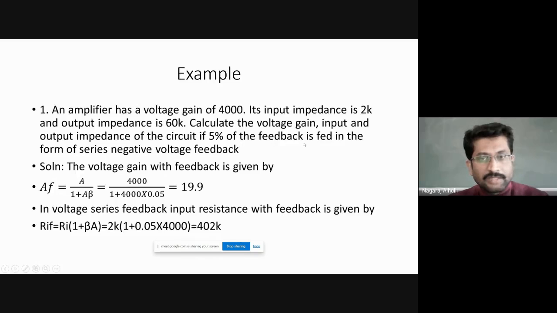Next, they have asked the input impedance with feedback, that is RIF. For the voltage series feedback amplifier, the input impedance with feedback is given by Ri into 1 plus A beta. Ri is the input impedance without feedback, 2k. Substitute: 2k into 1 plus 0.05 into A, where A is the gain without feedback, 4000. Find out how much you are getting here. 2k into 1 plus 0.05 into 4000.